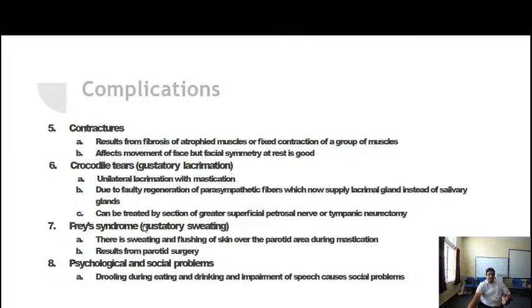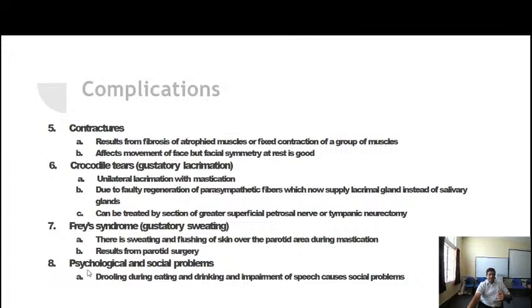is done, wherein the secretomotor fibers of the parotid gland are redirected into the sweat glands of the skin. So when the patient is eating something, there will be sweating of the face, the skin above the parotid gland.